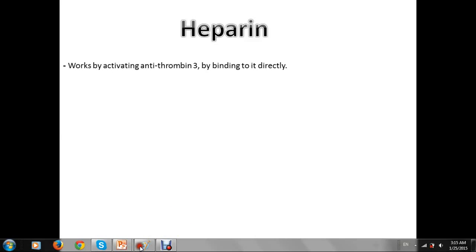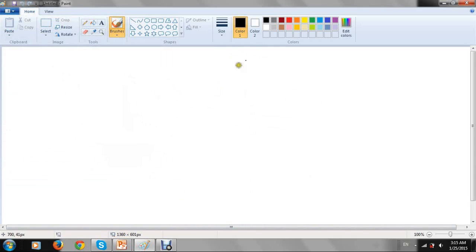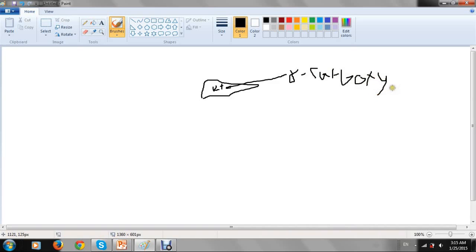So let's just do a quick recap. If this is our liver, and vitamin K is present inside, it is necessary for gamma carboxylation, not synthesized by gamma carboxylation.